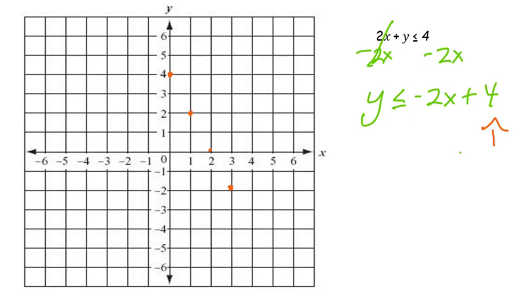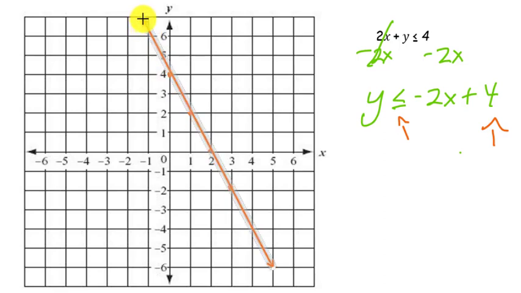Now, in this case, I have a less than or equal to sign. Because of that bar underneath, that means that this is going to be a solid line. So let's put a solid line all the way through this right here.